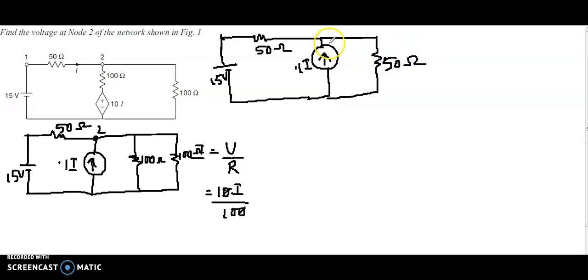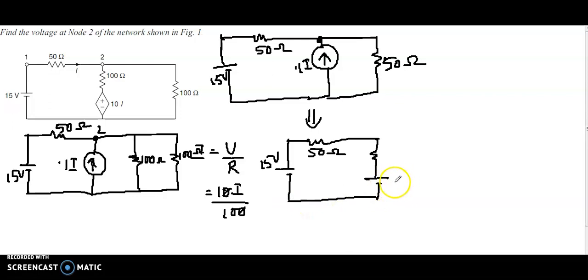So now we can see this is node 2, and here we can combine these two to form a voltage source in series with a resistor. So now we can draw it as 15 volt, 50 ohm, a resistor in series with a voltage source.